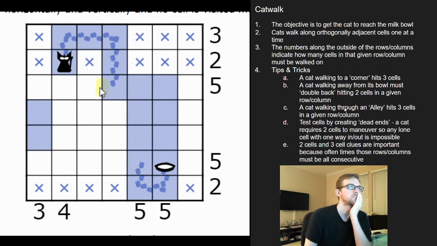Let's think about this 5. If I put one over here, I'm out of luck, because what ends up happening is I'll have to walk. Well, no, not necessarily. Never mind. Let me rethink that.